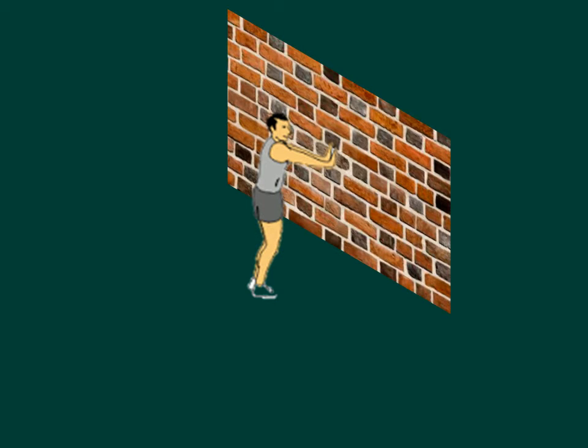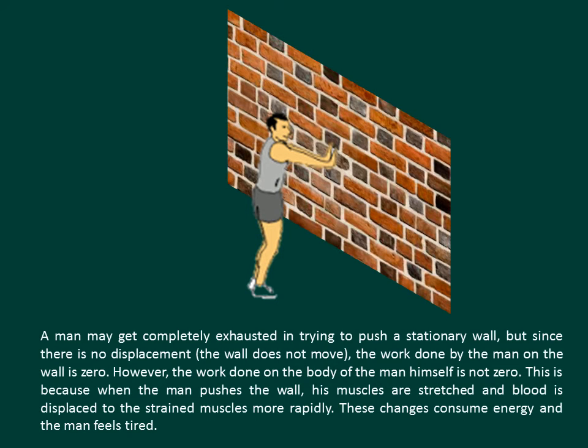If, however, the distance moved is 0, then the work done on the object is always 0. For example, on the screen, when a force is applied to the wall, it does not move. So no work is done on the wall.